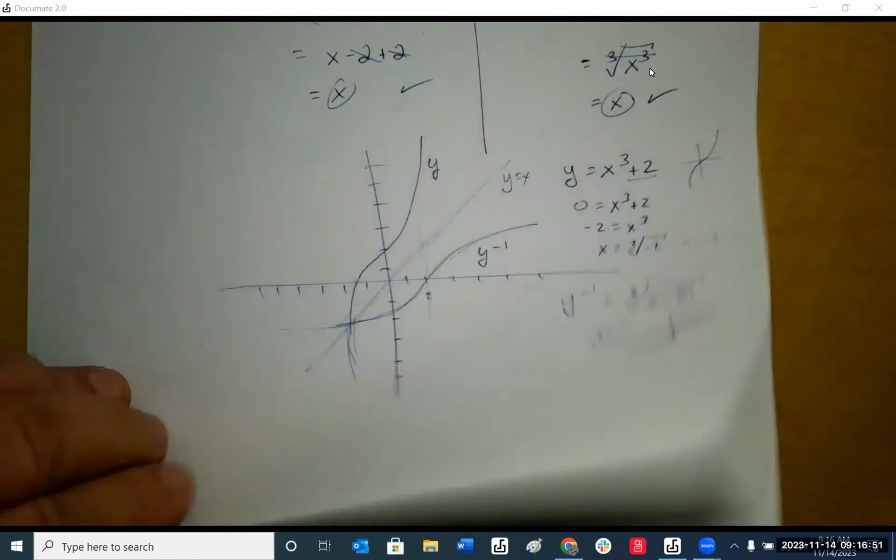Example 9. Let's finish up this section.